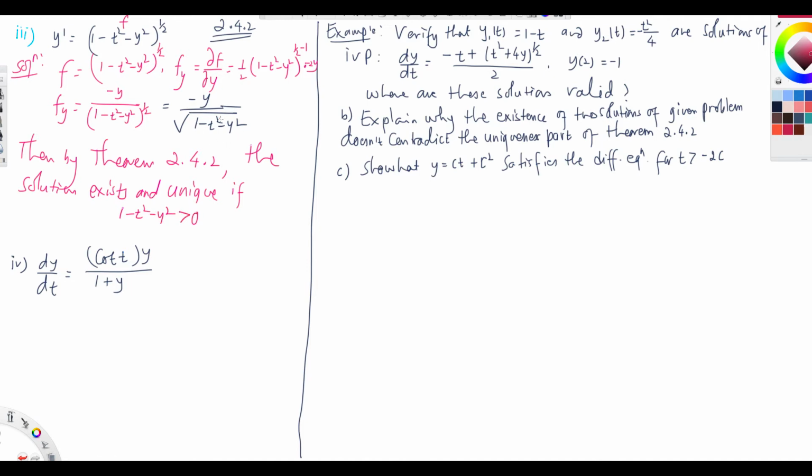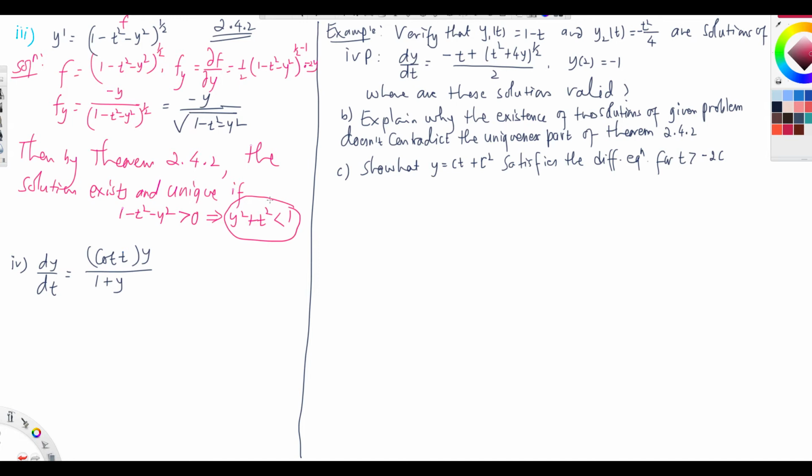Equal to 0 is not possible because it is in the denominator, right? So this can be written as y squared plus t squared is less than 1. So this is the condition when the solution of the differential equation exists and is unique.